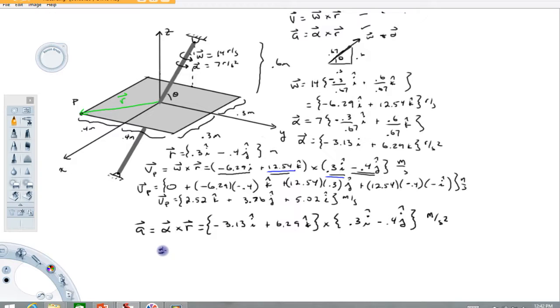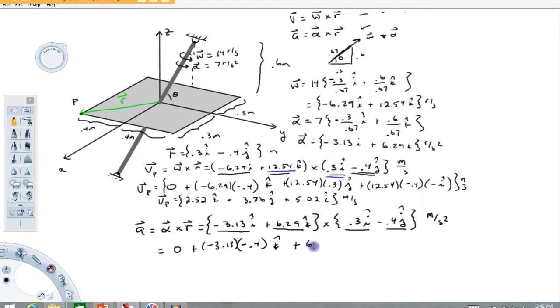All right, I'm going to go ahead now and do the cross product. So the first term, when we take this crossed with this, we get 0 because of the i cross i. Next term, we're going to have a minus 3.13 from this times minus 0.4 from this guy, and the direction is coming from i cross j, which is k. All right, now we're going to do this guy times this guy.